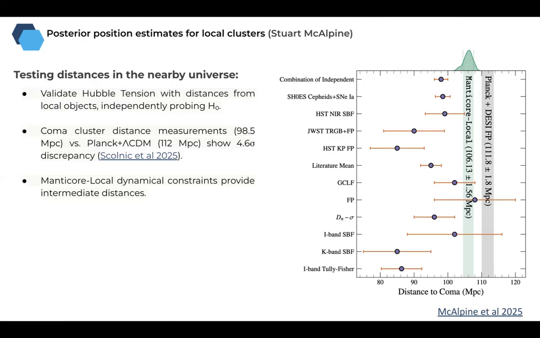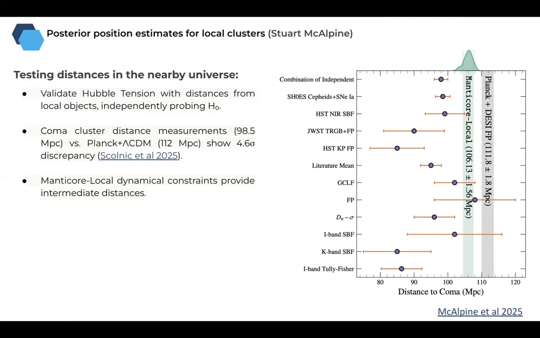It's very interesting to note that through this structure analysis, we can say that it's very challenging to resolve these tensions by pure dynamics for the Coma cluster, because the Coma cluster is sitting in a very quiet environment.